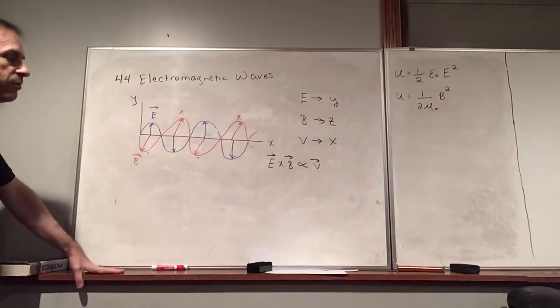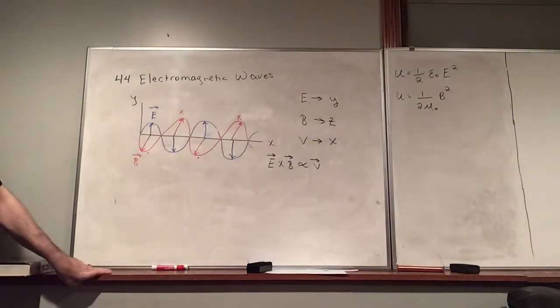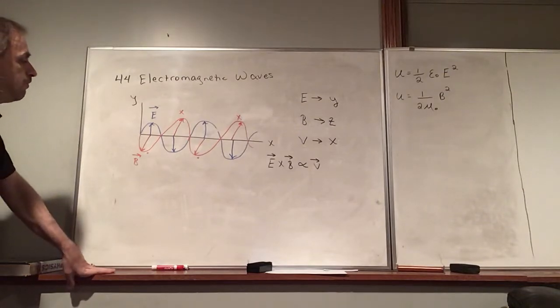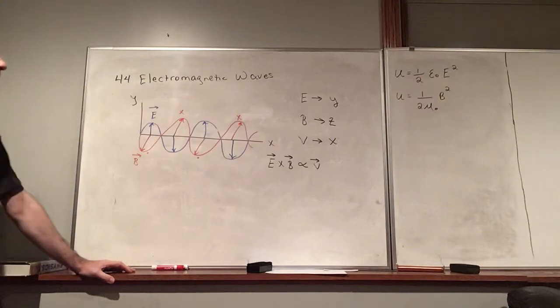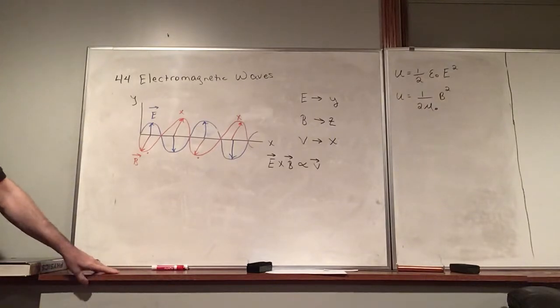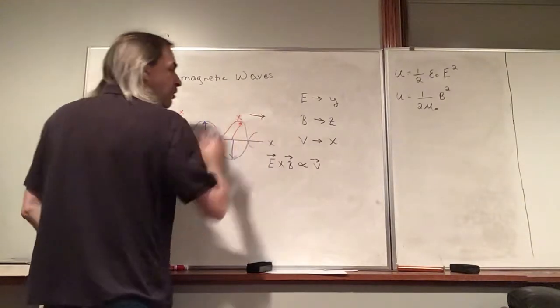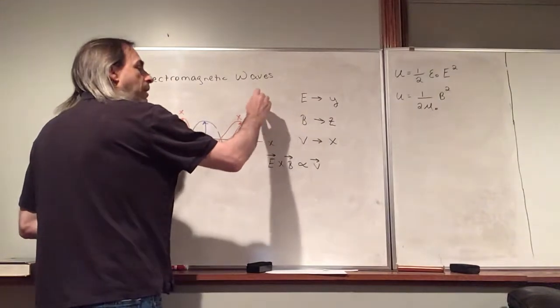And it's proportional to v, the velocity. It'll point in that direction. Okay, so just from looking at the directions of the electric and magnetic fields, we can tell which way the wave is moving. Now, soon we're going to see that there's another relation between the electric and magnetic fields.